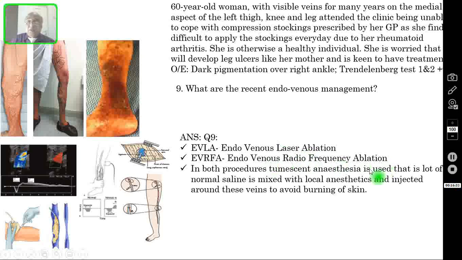These are the two recent advances in the endovenous management for varicose vein. In both the procedures, tumescent anesthesia is used, that is a lot of normal saline is mixed with the local anesthesia and is injected around these veins to avoid burning of the surrounding skin. This is what is called tumescent anesthesia.